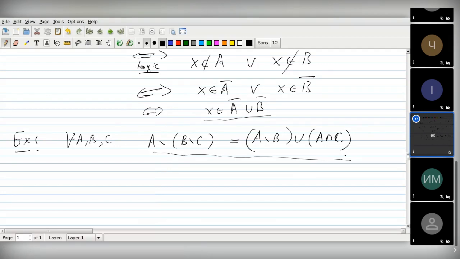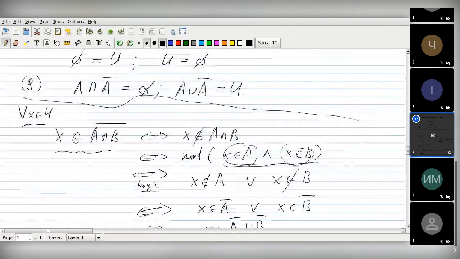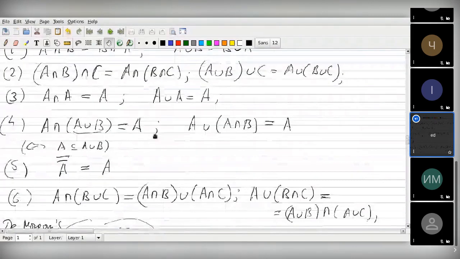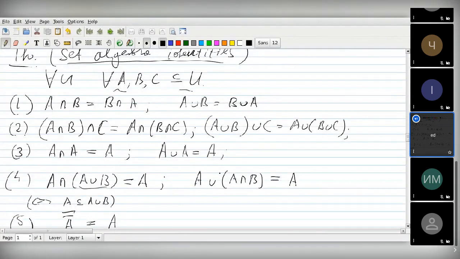The most boring, but the most sure way to do so is to consider a particular element of this set and prove that if X is an element of this set, then X must be an element of this one, and so on. But there is a much better way. I want to call in my identities.